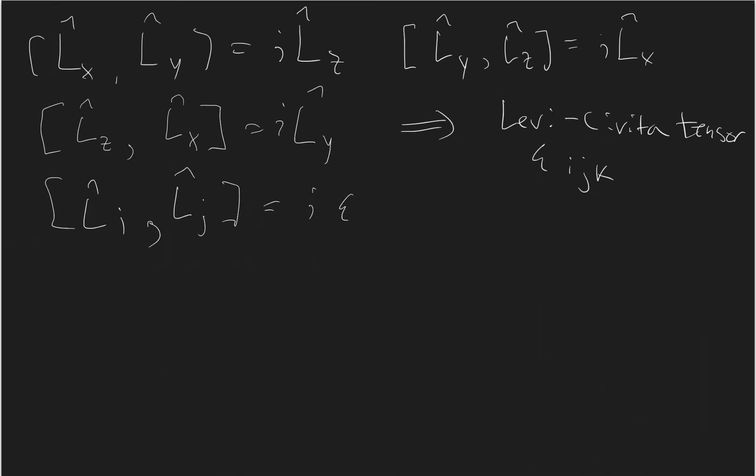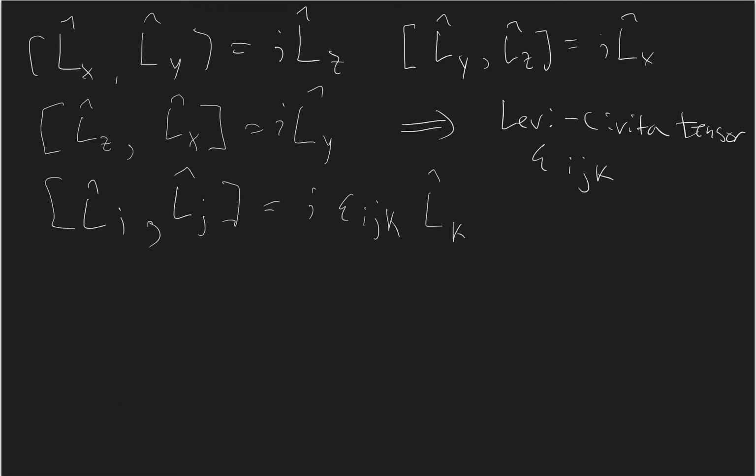In general, it should be i times the Levi-Civita tensor times the angular momentum operator in the kth direction. This is a powerful statement. The non-commutativity of the angular momentum components is a profound result.